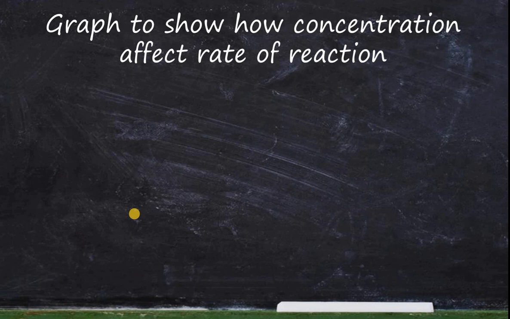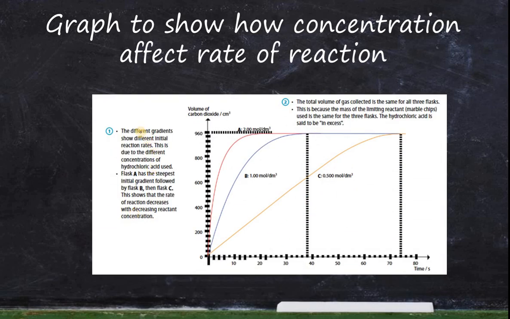So let's see the graph for this kind of experiment. As you can see here, when you use different concentrations of HCl, you will see different gradients. Which graph represents the higher concentration of HCl? You can guess based on the gradient. Graph number 1 has the higher gradient, more theta, which means it is the highest concentration compared to graph 2 and graph 3.